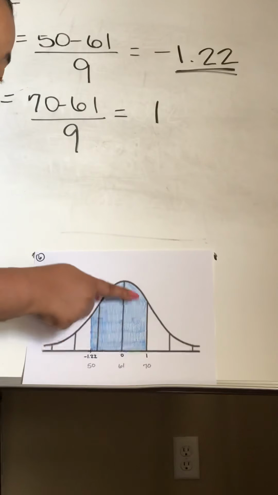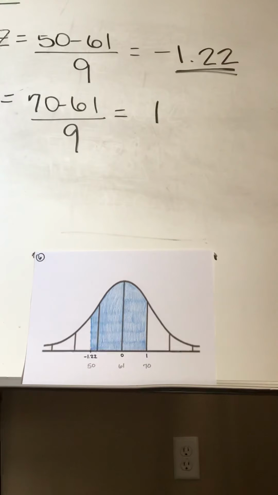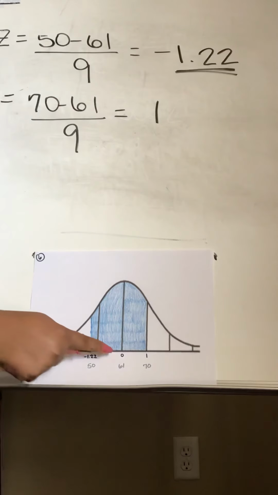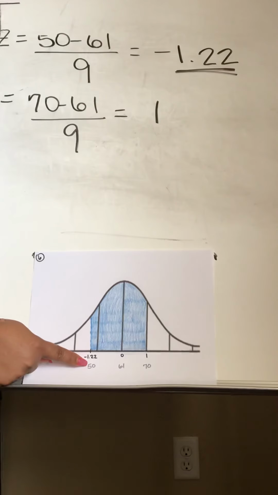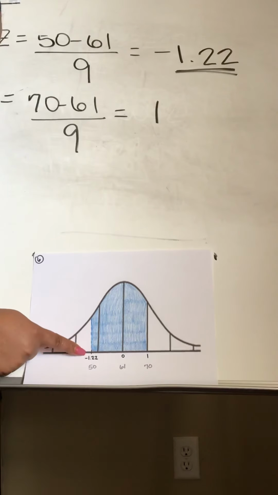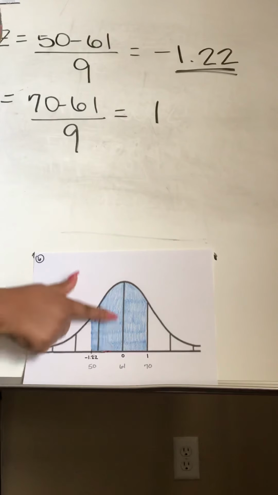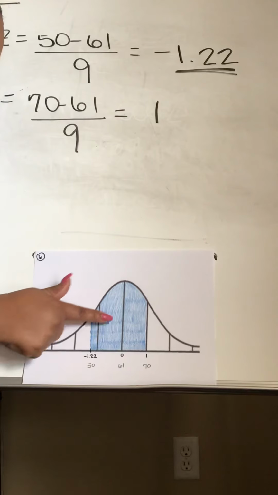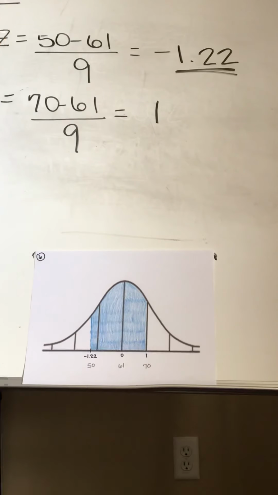You can find that blue spot on your chart. And you have between the mean and 50. That's a z-score, negative 1.22. You can find this blue spot. So if you go find both blue pieces, you would add them together, okay? This is not a subtraction problem because you have one piece on the right side of the mean and you have one piece that's on the left side of the mean.